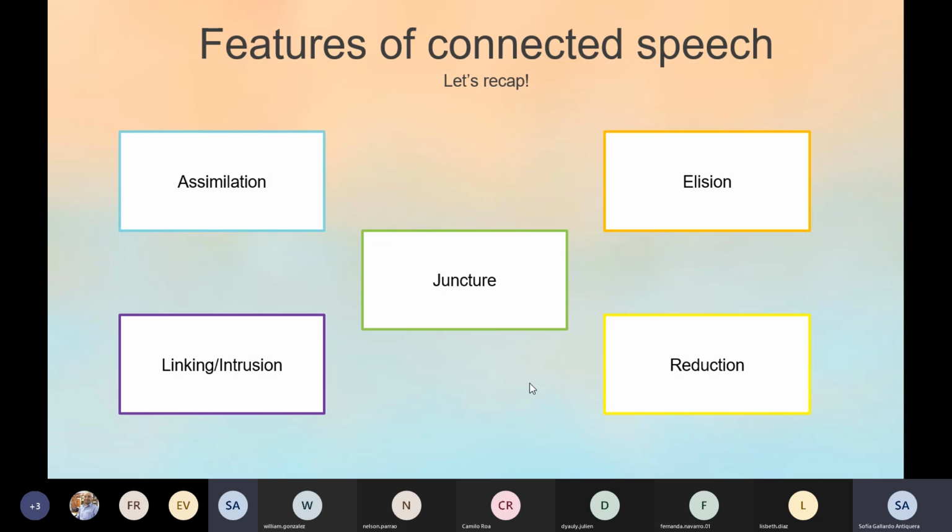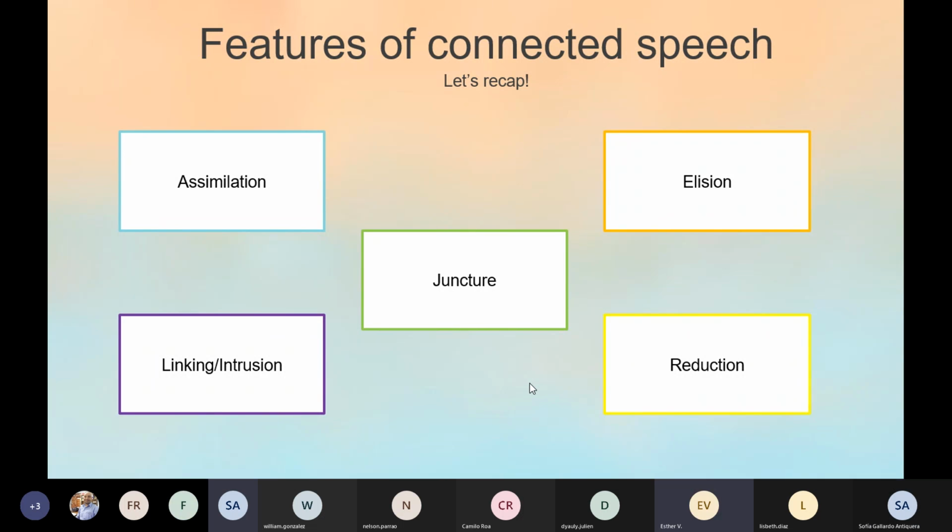And lastly, we have reduction. We reviewed this today, so can anyone tell me what reduction is? I hope you know what this is because we reviewed this today, so I have high hopes for you. Any ideas? Esther, do you know what reduction is? Would you mind telling us what reduction is?